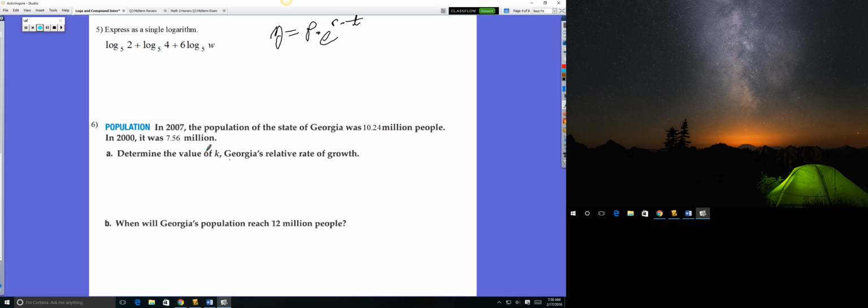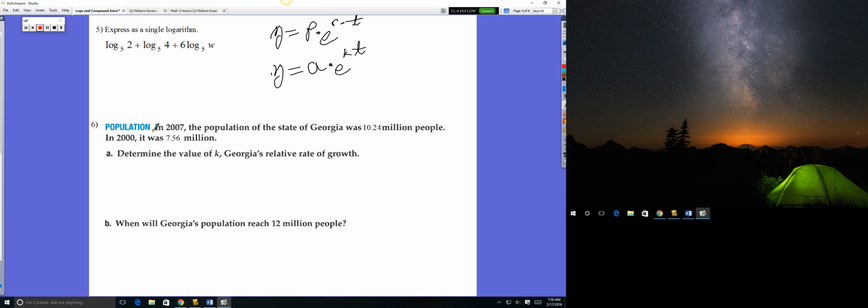And if it's exponential growth or decay, it is going to be y equals, they call it A. That's the initial amount. That's the same as your principal. It's what you deposit. It's what you start with. Times e to the K t, where K is the rate of growth. So if it's something that is decaying, K is negative. Something that's growing, K is positive.